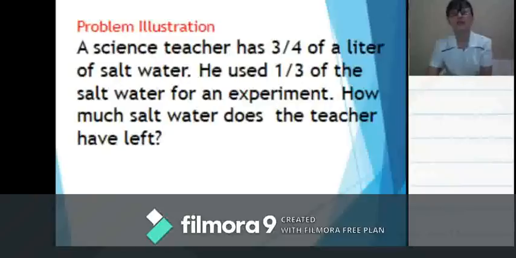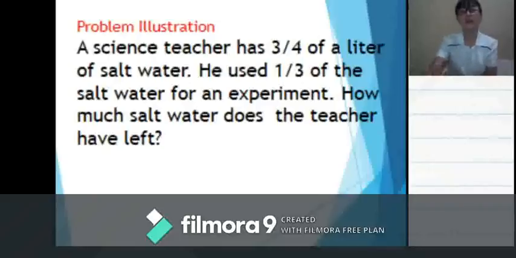How much salt water does the teacher have left? If you're trying to get all the facts, those are 3/4 liter of salt water and 1/3 of the salt water. Okay, the problem is how much salt water does the teacher have left.